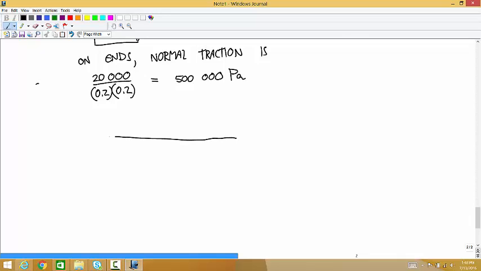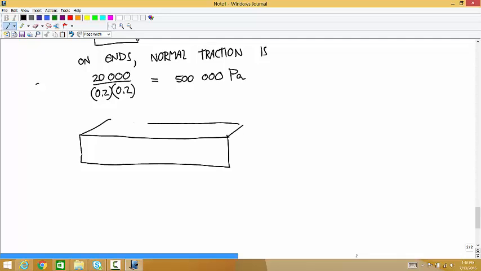And so if I redraw this, we have this uniform distributed load on this side that's equal to 500,000 pascals, equal and opposite on the other side.